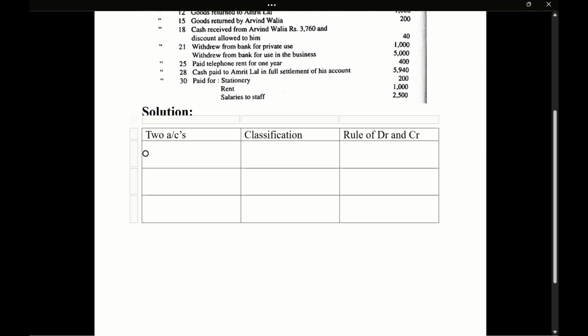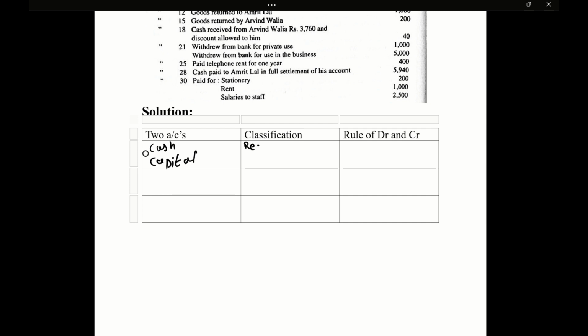Here we have two accounts, cash and capital. Cash is a real account, capital is a personal account. So the real account rule is debit what comes in, and the personal account rule is credit the giver.